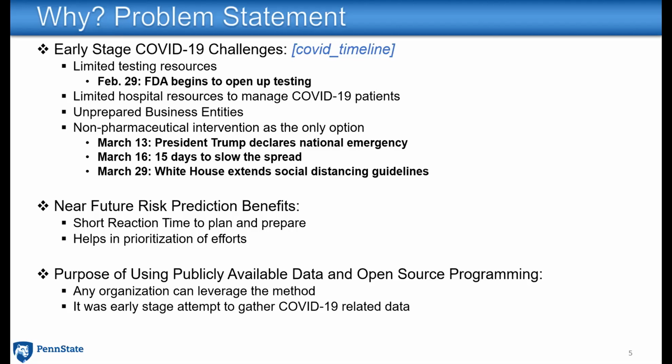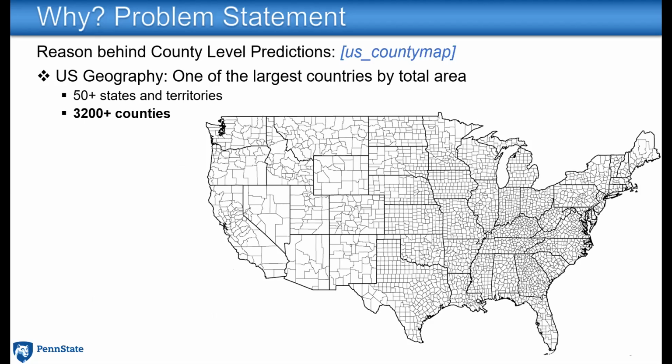Okay, now the question remains is why county level prediction? So US is one of the largest countries in the world by total area. It has 50 plus states and territories. And if you look at counties, there are 3,200 plus counties, which is clearly seen in this map.